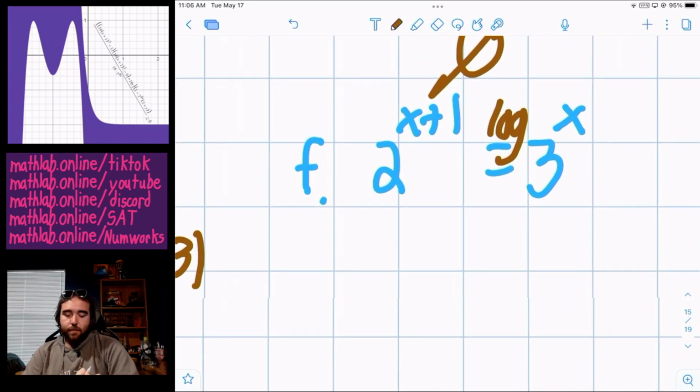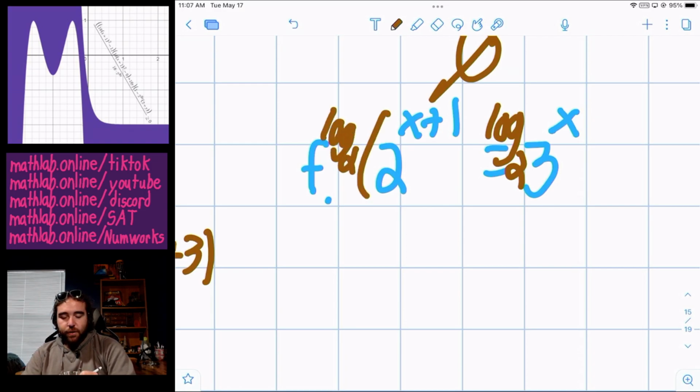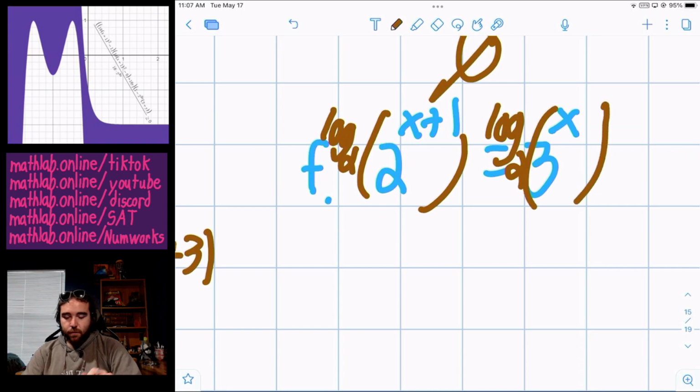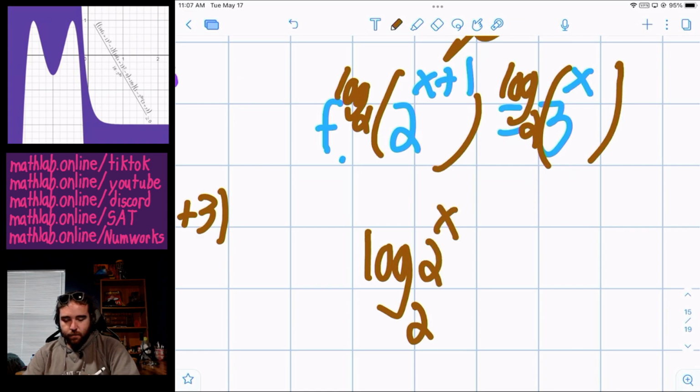And we're going to make the base the same as one of the bases. So we're going to log base 2 both sides. The reason we're going to choose log base 2 is because then we have something like this.